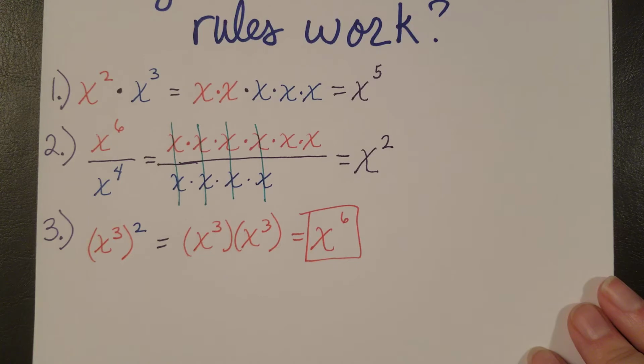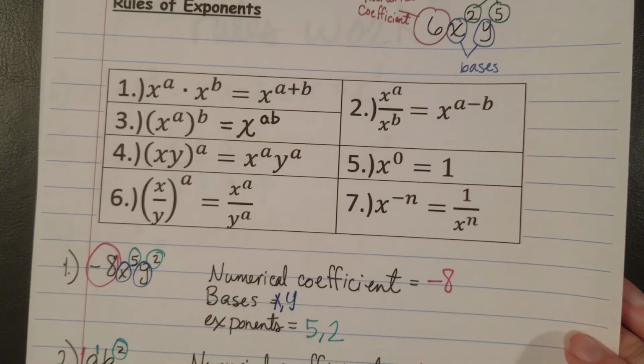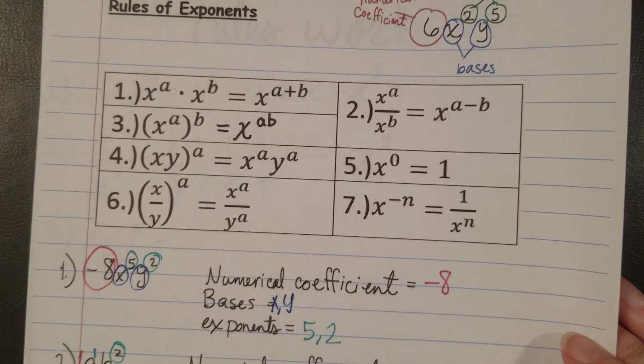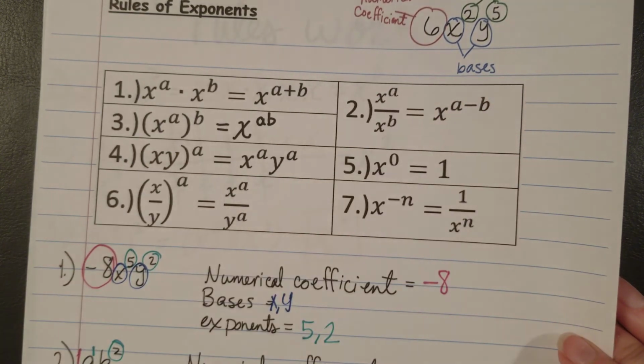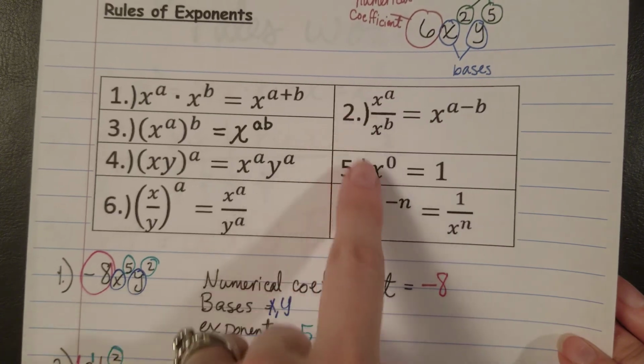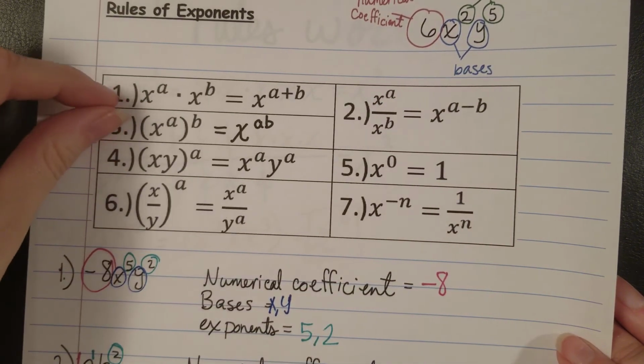So then let's see. I guess we could go ahead. Let me go to number 5 and 7, because 4 and 6 kind of go together. 5 and 7, actually, it's kind of interesting the way these are laid out, because I think these kind of go together, and these kind of go together.